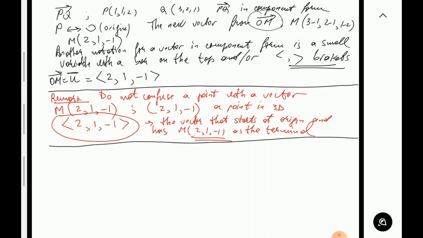Again, like I said, the good news is that from this point on, we're going to use vectors in the component form. Now, it's important to point out that you're not going to physically draw them at the origin. So in other words, if you have a picture, let's say you have some sort of motion, and you have an object here that moves on a path.